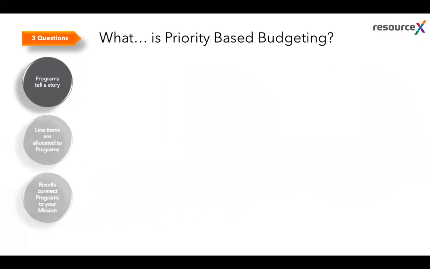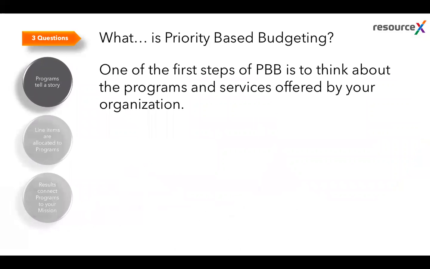So from the program perspective, the first step that we do with any organization that is launching an implementation is to think about the programs and services that are offered by the organization, typically broken out by department. These are bigger than tasks, smaller than departments, and they're really action-oriented and should drive the story of what each department does.